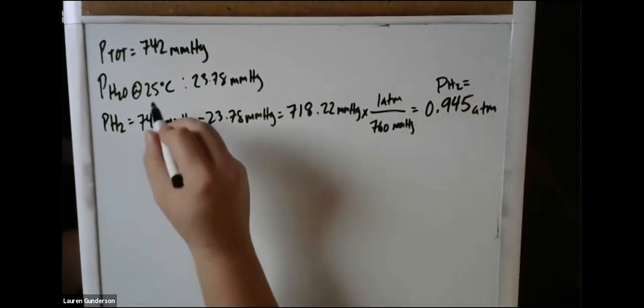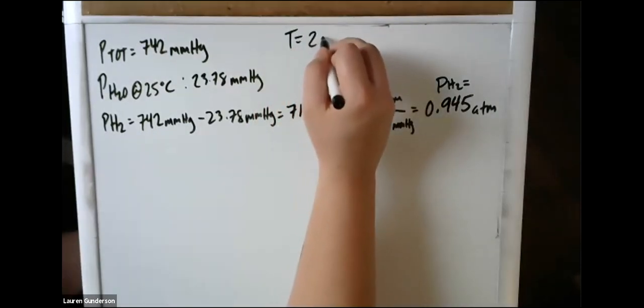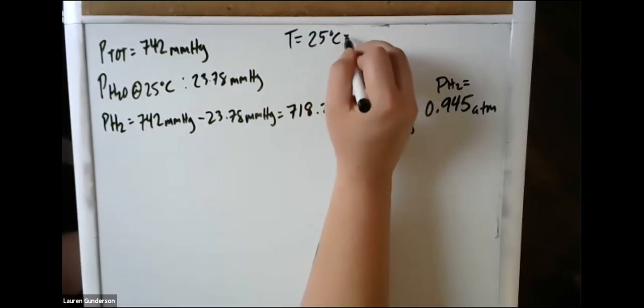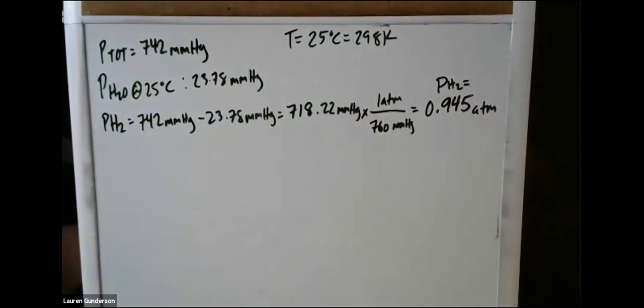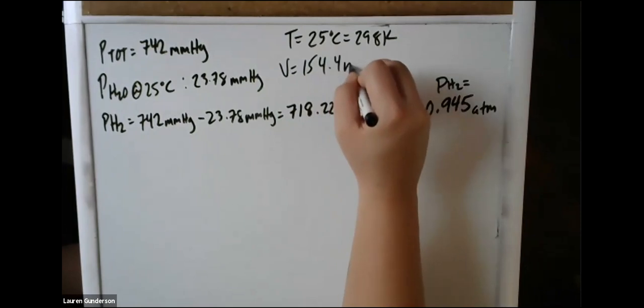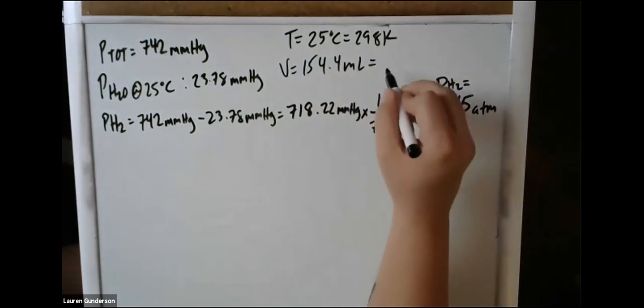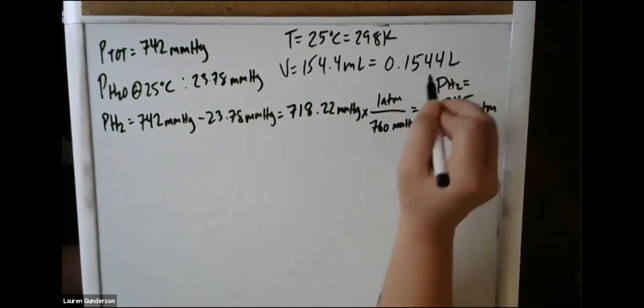Okay, my temperature is 25 degrees Celsius, so that's going to be 298 Kelvin. And my volume, what was it? 154.4 milliliters, which is going to equal 0.1544 liters.